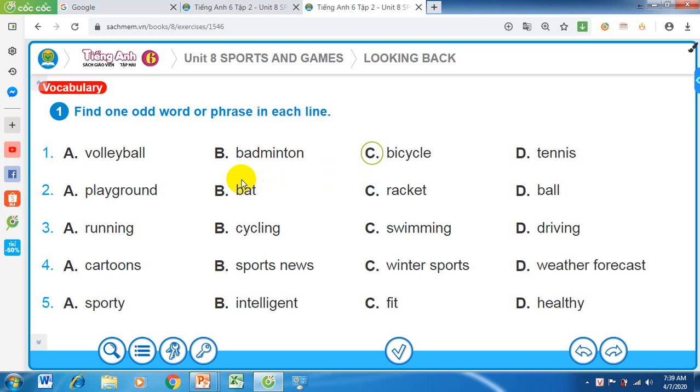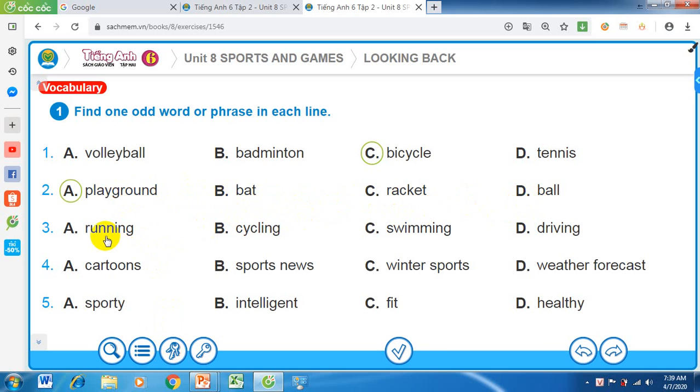Okay. Now let's check all the answers. Number 2: playground, a bat, a racket, and a ball. Of course, it is playground because bat, racket, or ball, they are sport things.